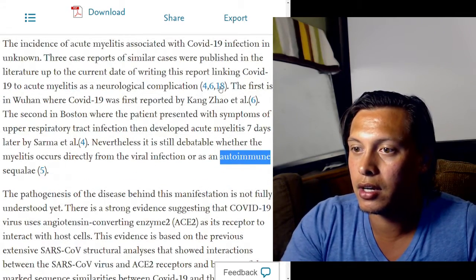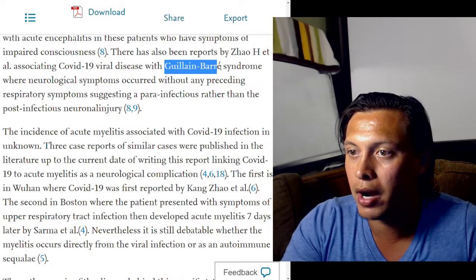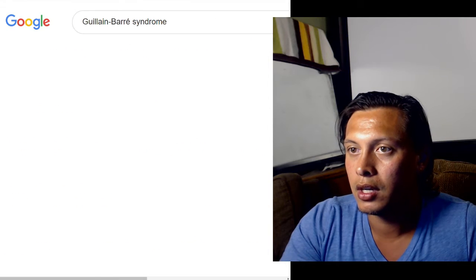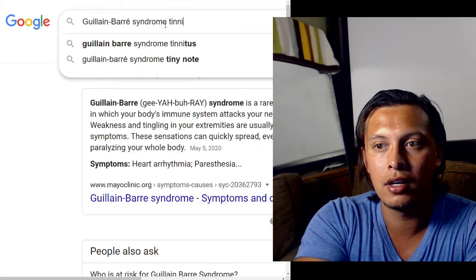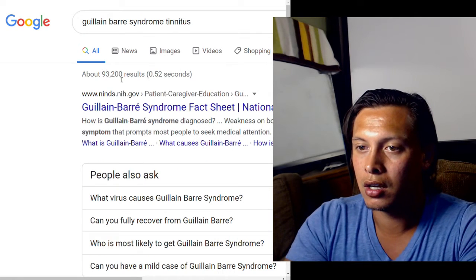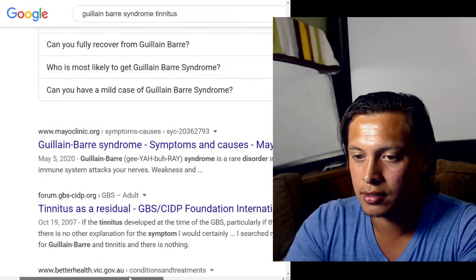And actually, this Guillain-Barré syndrome, let's look this up. Guillain-Barré syndrome, and can that cause tinnitus?